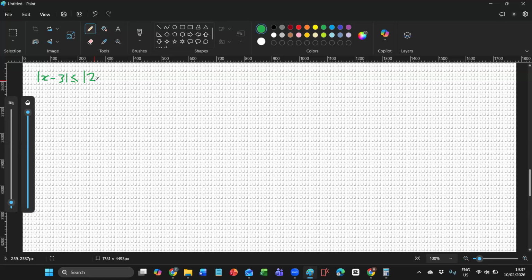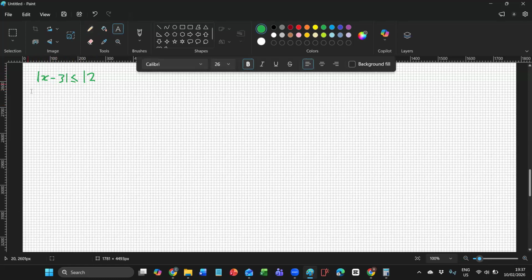So maybe I should just explain what these vertical bars mean. They stand for the absolute value of something.